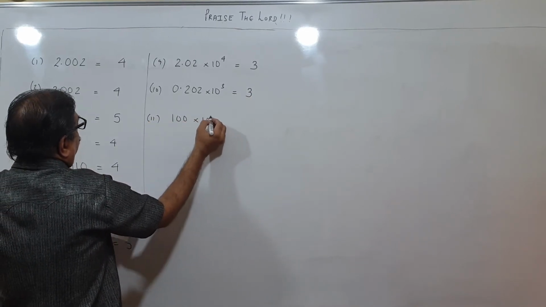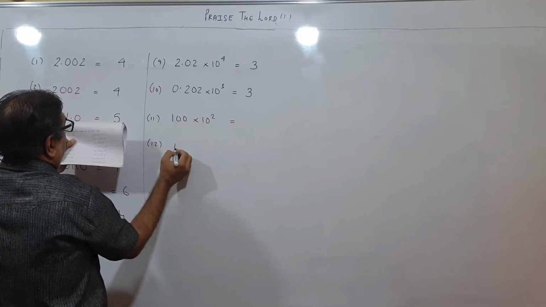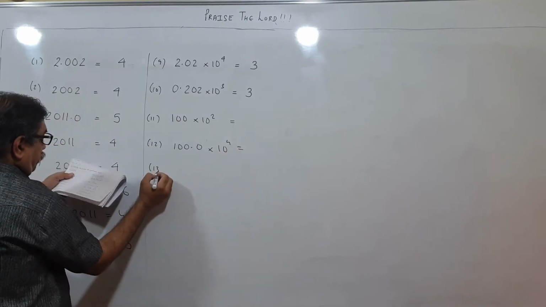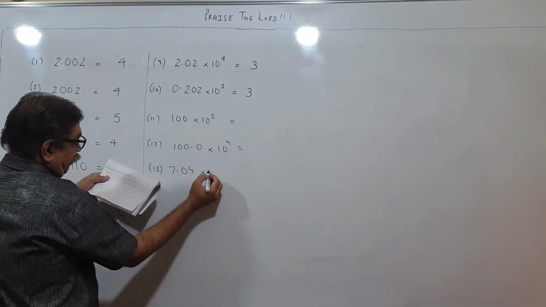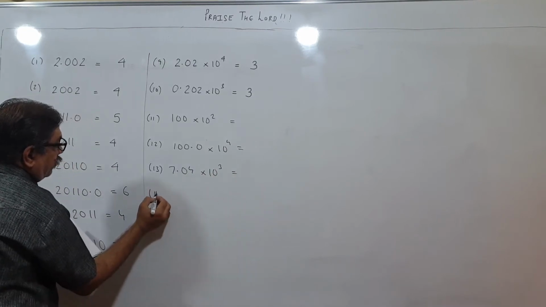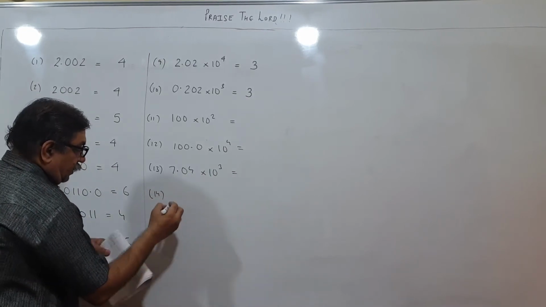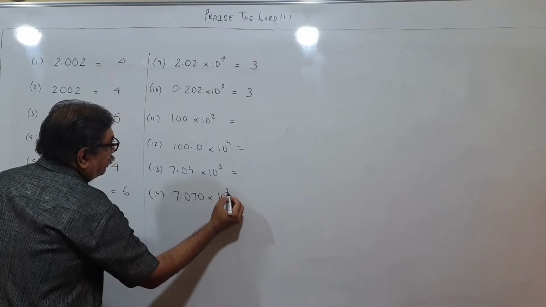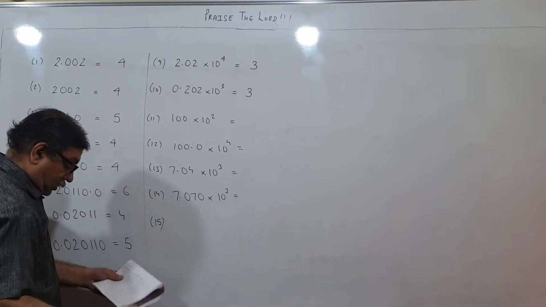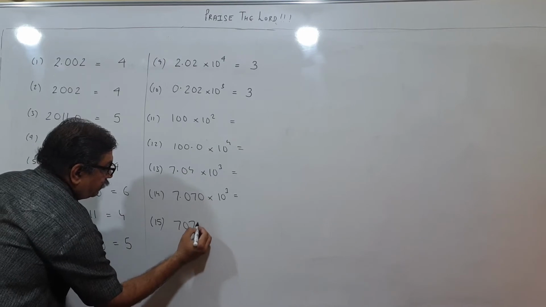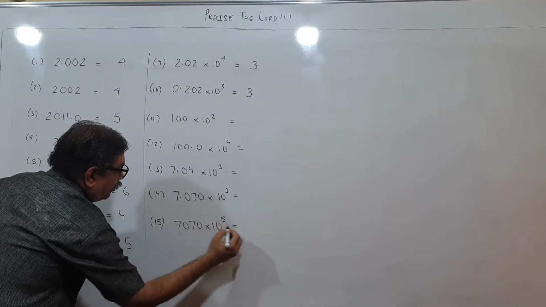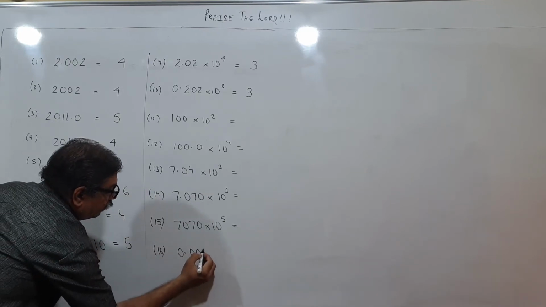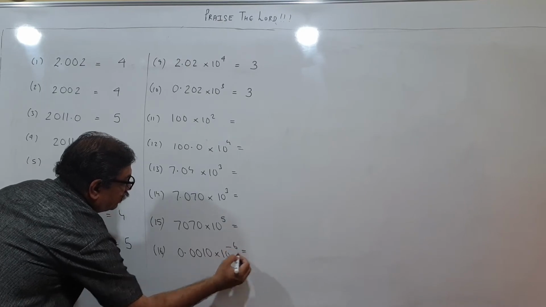100 into 10 square will be how much? 100.0 into 10 is to 4 how much? 7.0 into 10 cube how much? 7.070 into 10 raised to 3 how much? 7070 into 10 raised to 5 how much? 0.0010 into 10 raised to minus 6 how much?